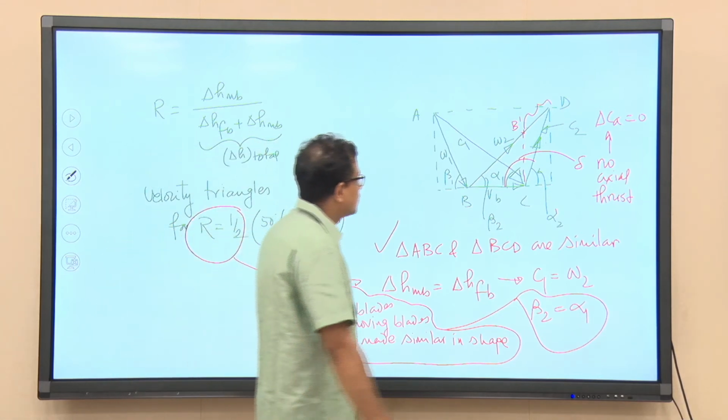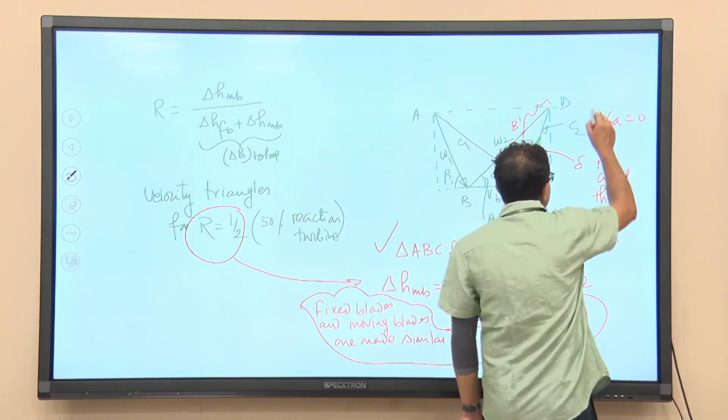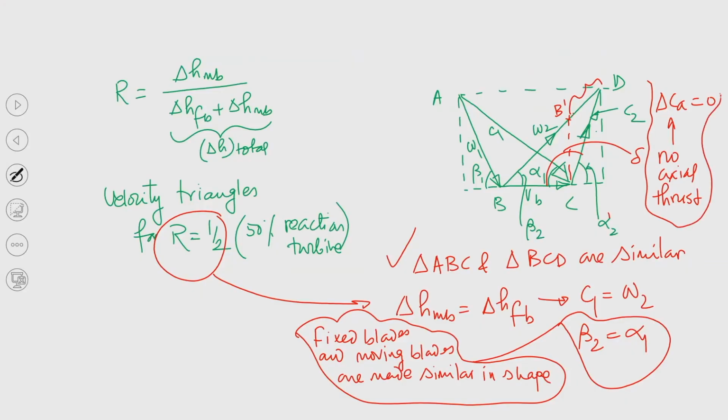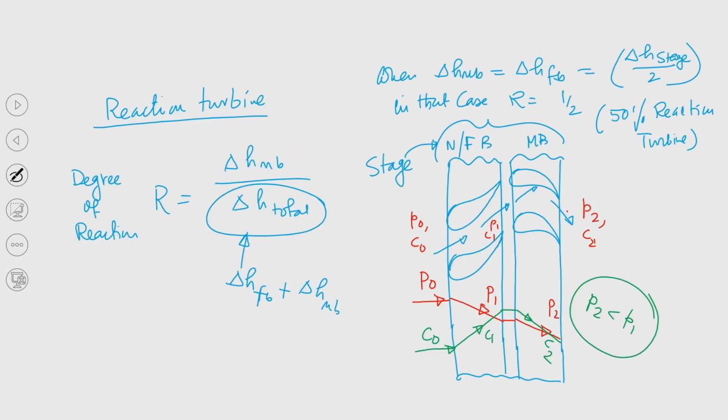But there will be axial thrust that we really cannot ignore. Why will this axial thrust be there? When steam is passing through the row of moving blades, pressure will slightly change, and that you can see from this diagram. Because of this reduction in pressure, slight axial thrust will be there.